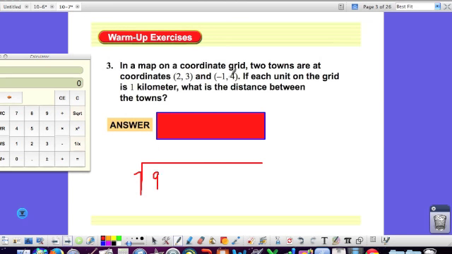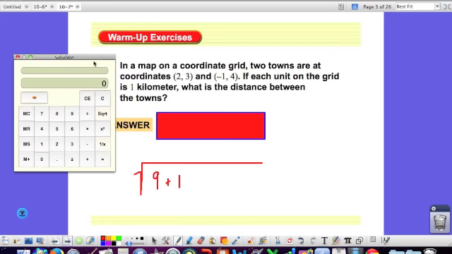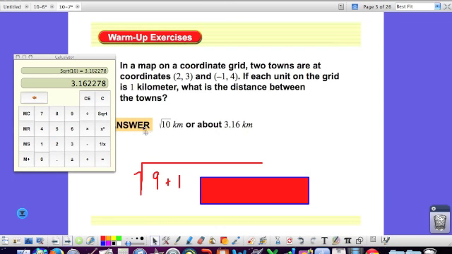And 3 minus 4 is negative 1 squared is 1. So 9 plus 1 is 10. And the square root of 10 is 3.16. So the towns are approximately 3.16 kilometers apart.